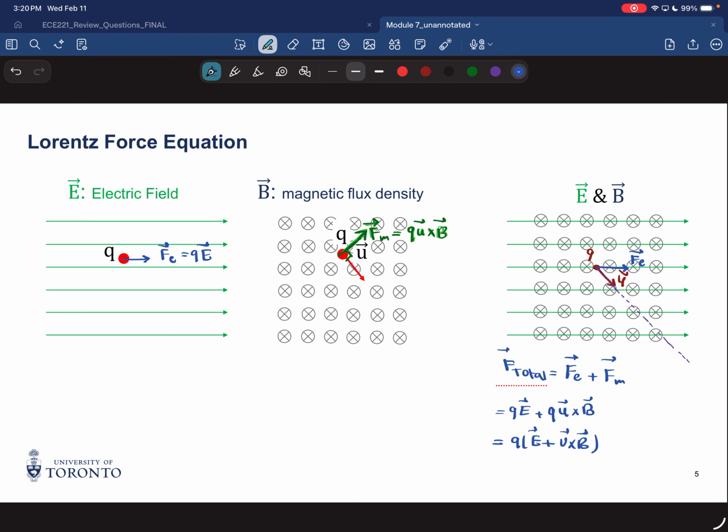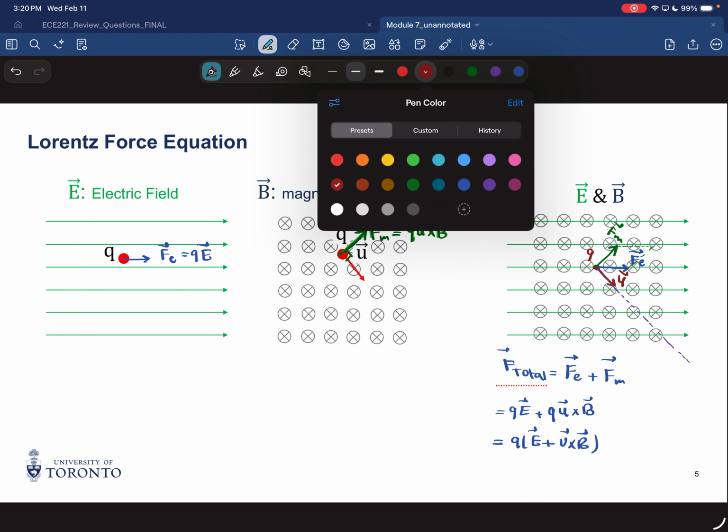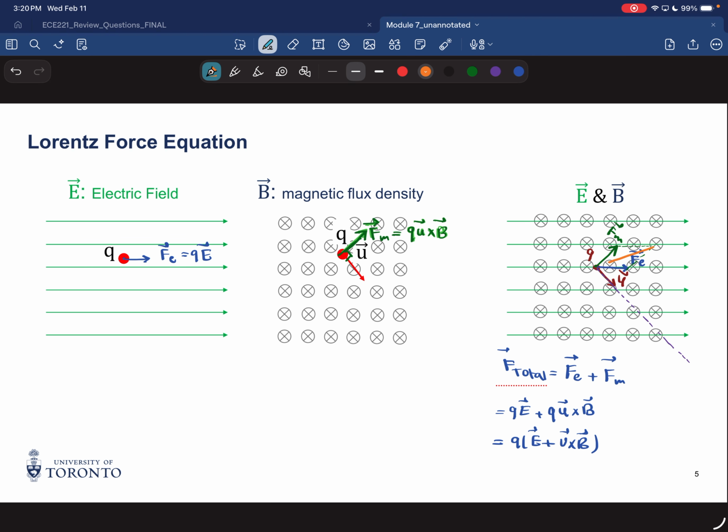And then we also have an FM in this direction. Based on the value, we add them up, and you would see that the total force is going to be in this direction. This is F total.